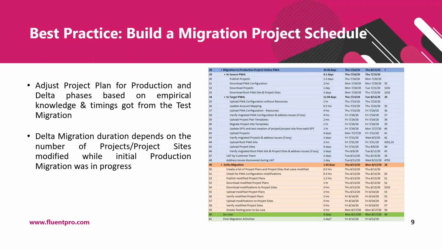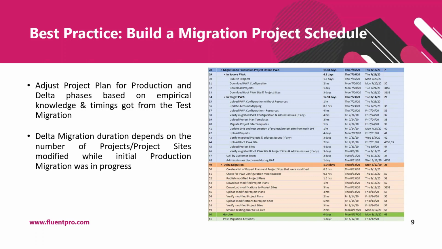Once the test migration phase is completed, and you have got empirical knowledge about the environment, migration speed, and specific issues of the data, adjust the project plan for production and delta phases. Duration of the delta migration phase depends on the number of projects and project sites that were modified while initial production migration was in progress.